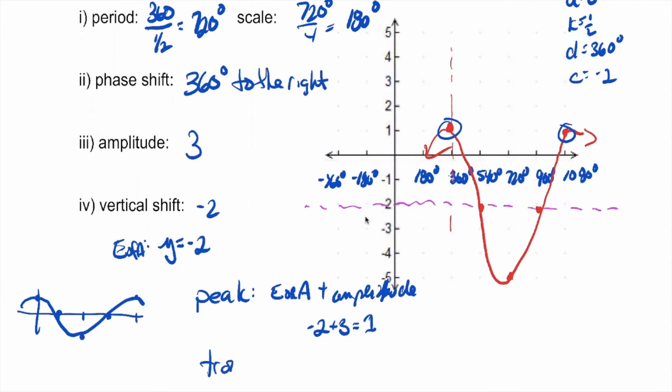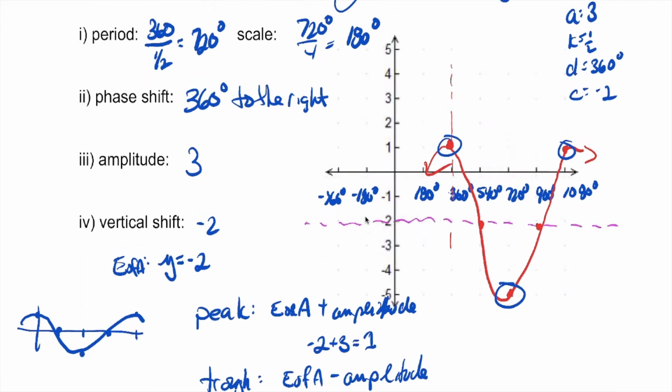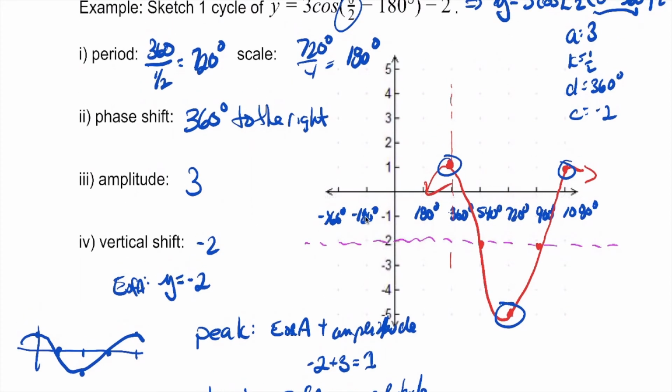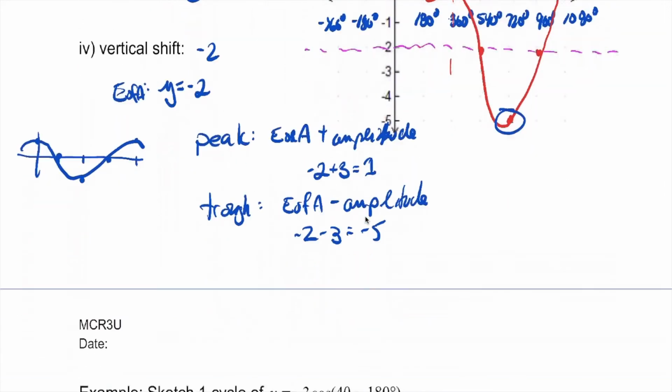And we could also calculate a trough, because we know the trough is really the equation of axes minus the amplitude. So in this case, we have the equation of axes is -2 minus 3, and that's going to give us -5, and we do see that we have a trough there of -5. So if you like to calculate the peak and troughs, just to make it easier for you to plot those points, I encourage you to do that.